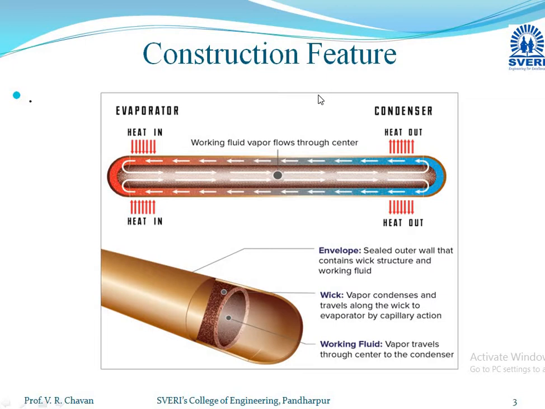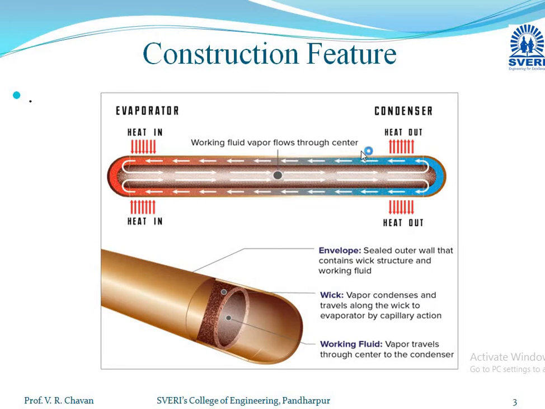Now the construction features of this heat pipe. A heat pipe basically looks like this. It looks like a kind of concentric tube, sealed at both ends. This outer tube is called the envelope or container. It is a kind of shield which protects the internal structure from the external environment.